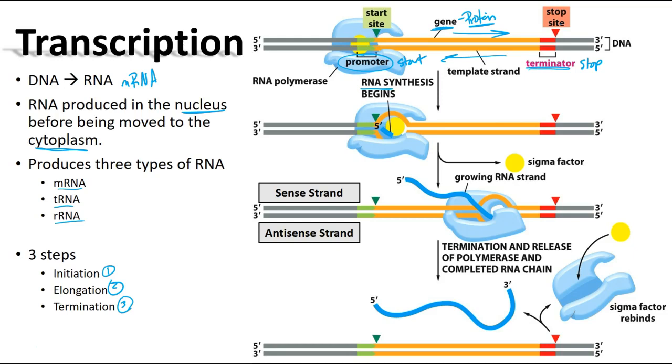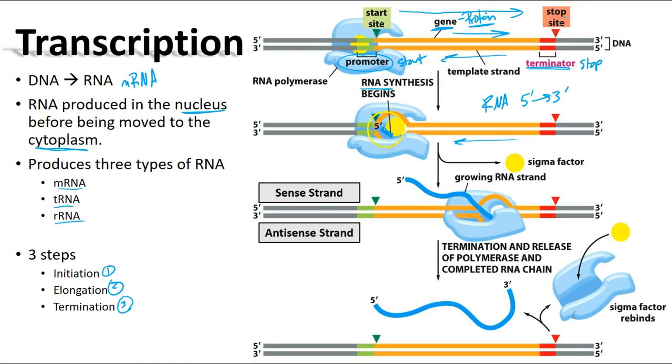Because we have 2 strands to pick from, we are always going to produce RNA in a 5' to 3' direction, just like we did with DNA. And so if we look at this bottom strand being 5' to 3' right to left, that's going to be our template strand. If we're going from this start site to stop site, we know that we have to transcribe this RNA molecule from left to right, moving from the start site to the stop site.